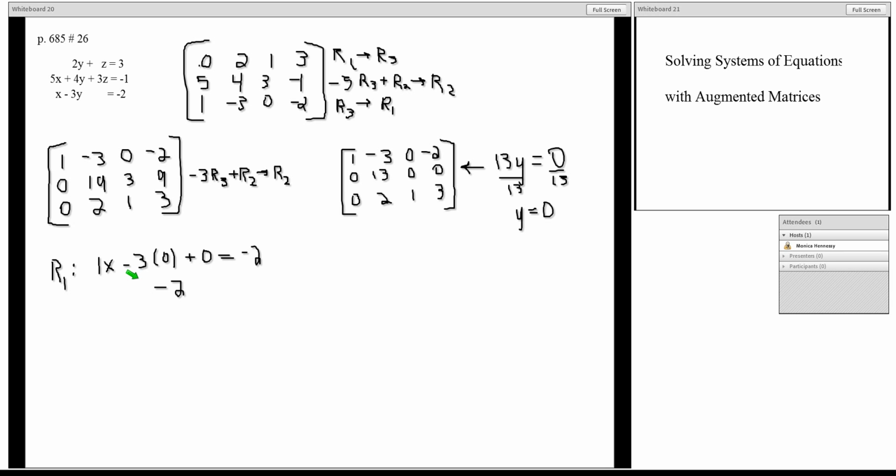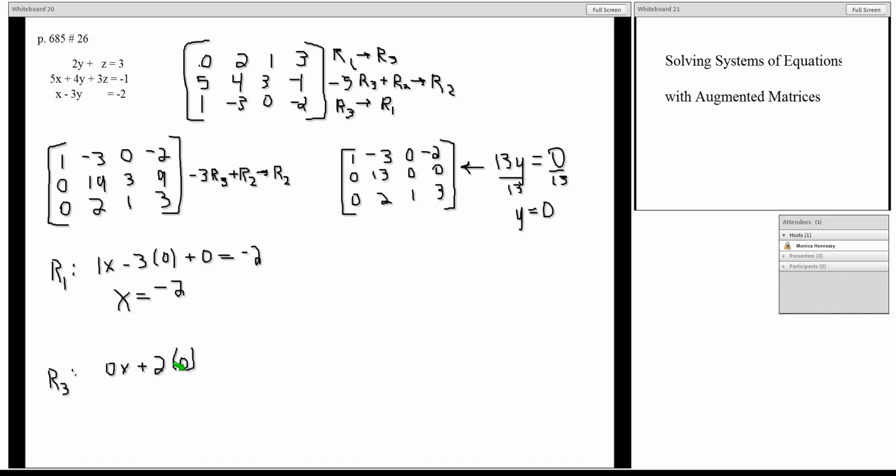Okay, I have 1x, or just x, minus 3 times y, which I know is 0, plus 0 equals negative 2. Simplifying all that, this goes away, that goes away. I have x equals negative 2.